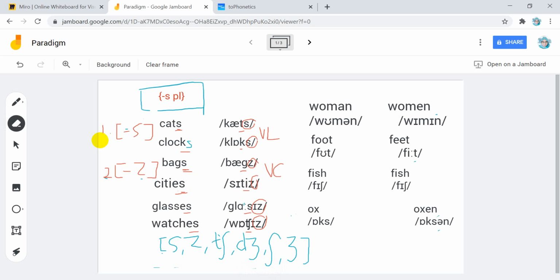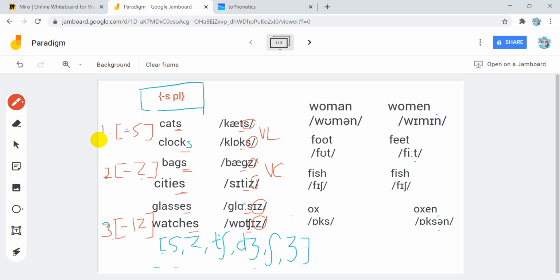So if the last sound in the word ends with a sibilant, as in glasses and watches, the S ending to mark the plural is pronounced as iz. Okay. So that is 3.